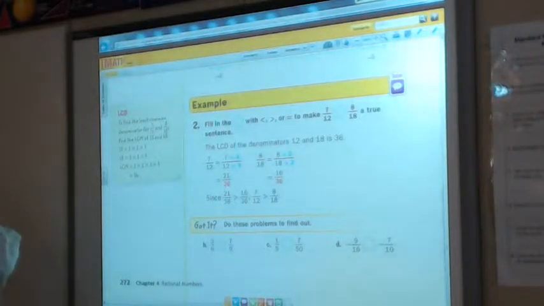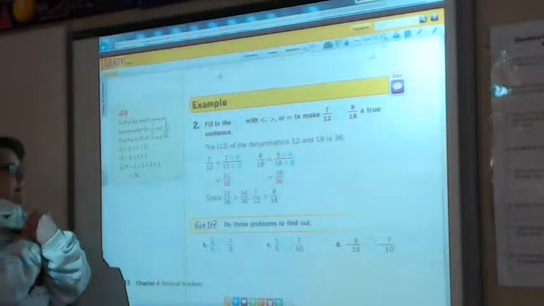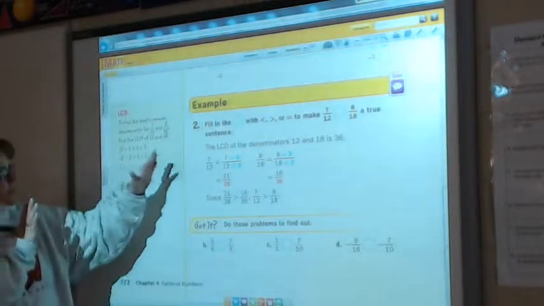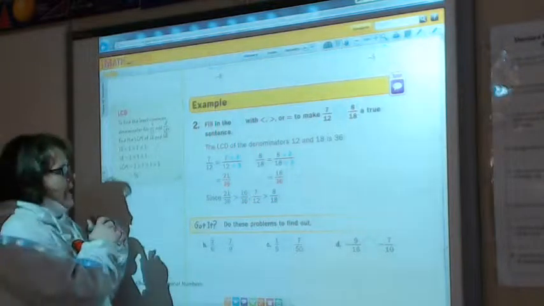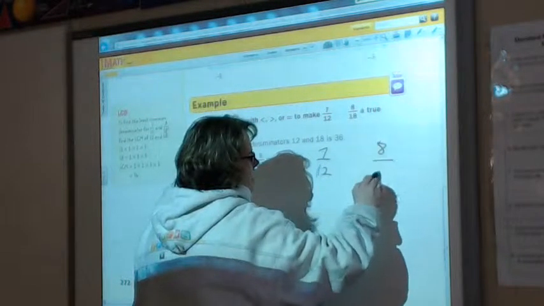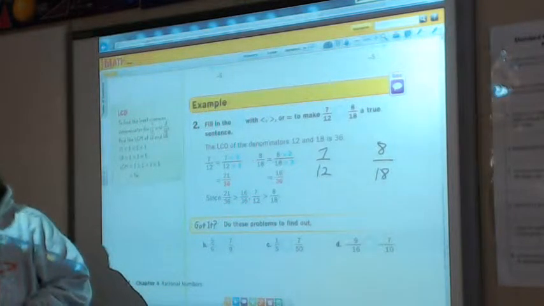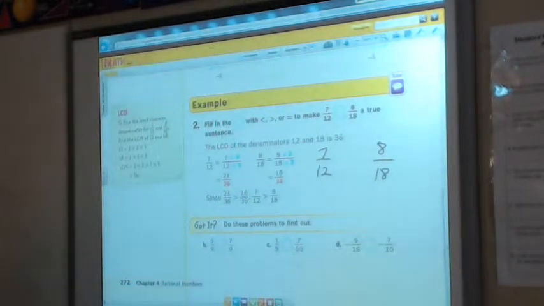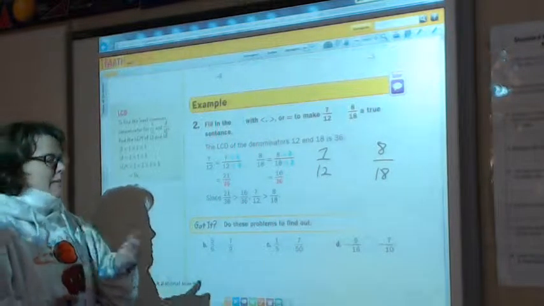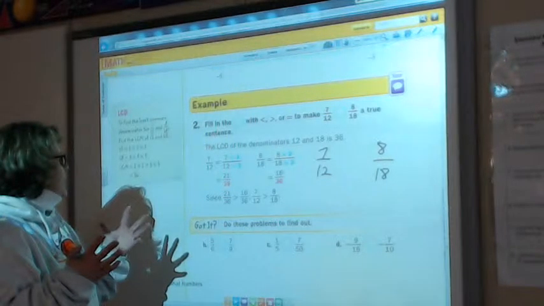This is probably the most common way of comparing fractions. So in this first example, you have 7/12 and 8/18. You need to find a denominator that they have in common. And it's best, like I said before when we were adding fractions, to find the least common denominator, so you're not dealing with messy big numbers.